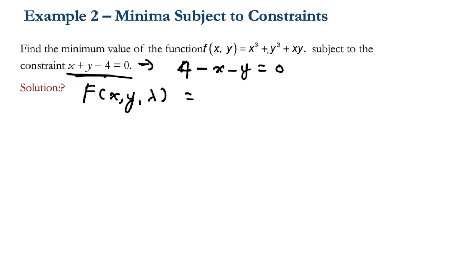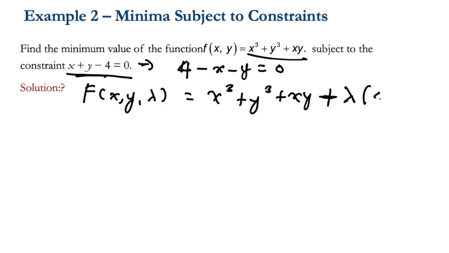Write this one first: x cubed plus y cubed plus xy, and then plus lambda, and then in bracket 4 minus x minus y. That's it.